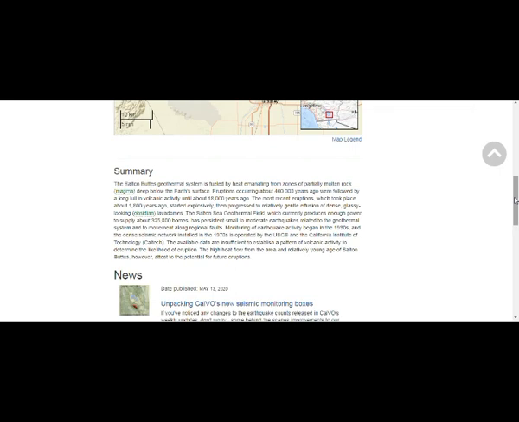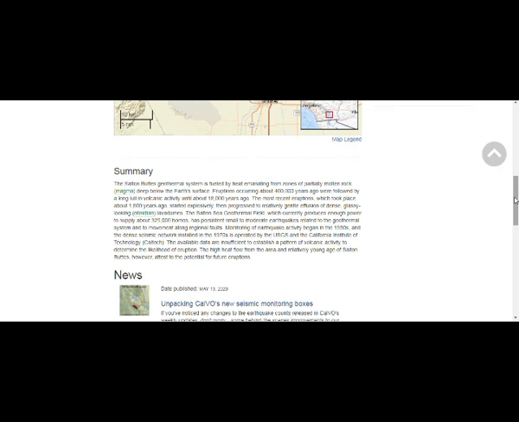The Salton Sea geothermal field, which currently produces enough power to supply about 325,000 homes, has persistent small to moderate earthquakes related to the geothermal system and to movement along regional faults. Monitoring of earthquake activity began in the 1930s, and the dense seismic network installed in the 1970s is operated by USGS and the California Institute of Technology, Caltech.